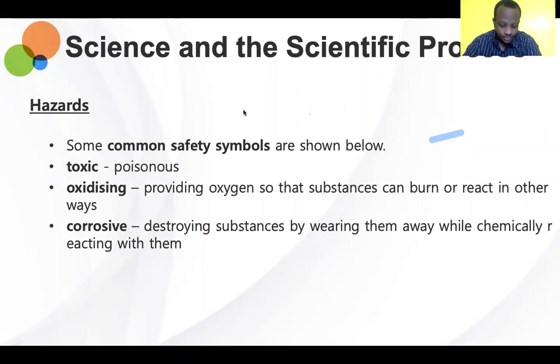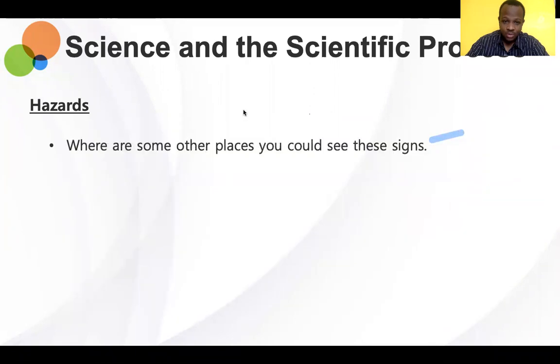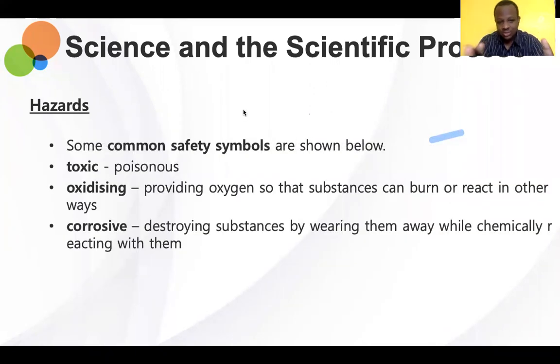Right, so some hazards are some safety symbols. We'll show them in a couple of slides, but these are just some. Remember this? We spoke about this from your activity in class.